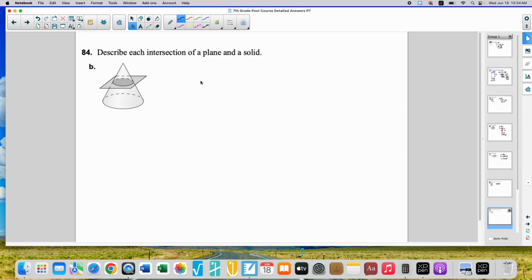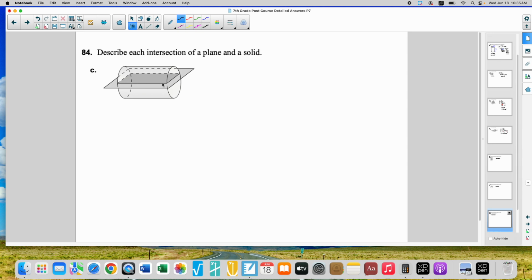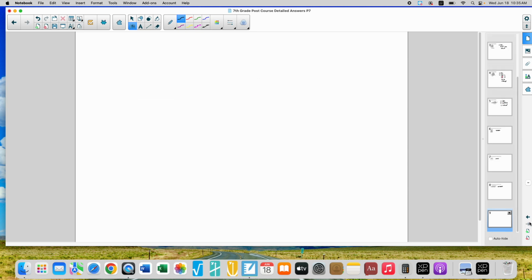That intersection is going to be a circle. If that was not parallel to it, it would be an ellipse, but it is parallel to the base. And that is going to be a rectangle. Super cool and easy. All right. That's it. Perfect.